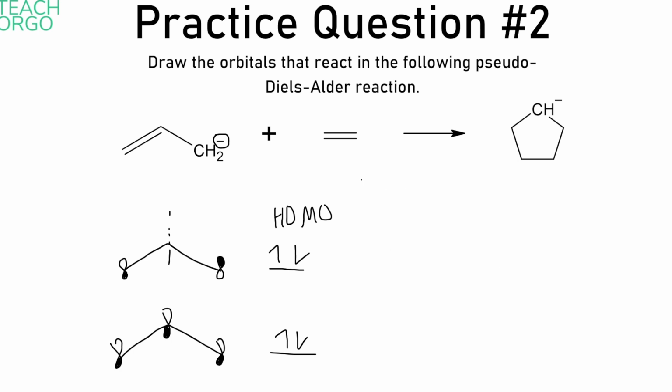And then the same exact thing that we did in the previous video for our LUMO. So hopefully you are understanding how to do these problems, because their structure is going to be very similar. Just because it's Diels Alder, you're always going to have a dienophile every time. Oh, sorry.